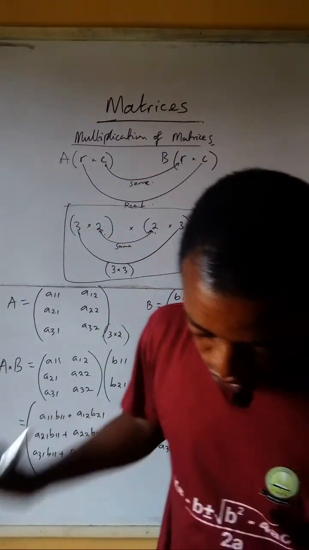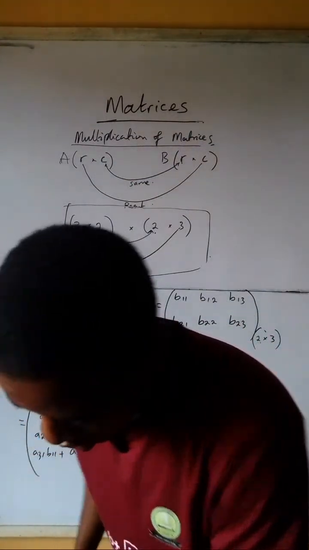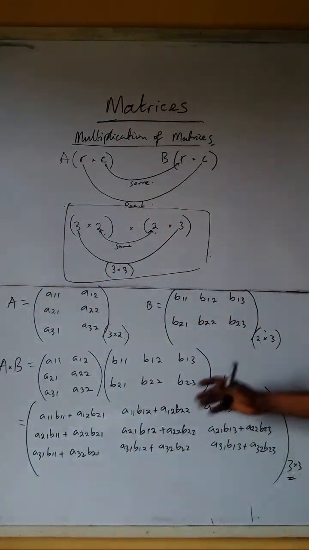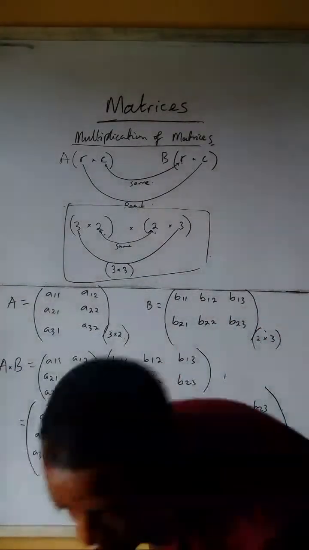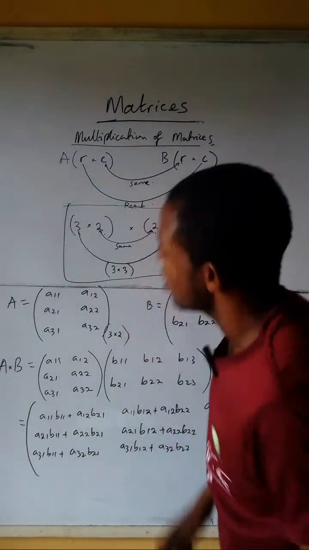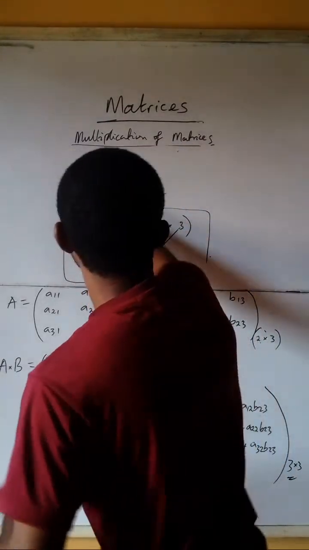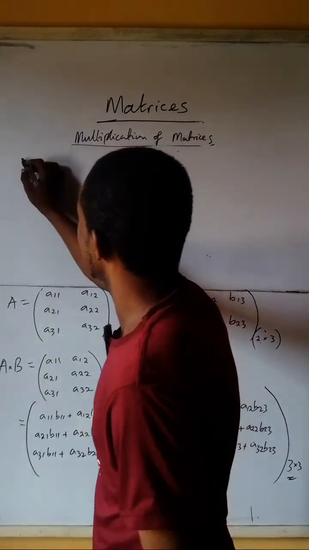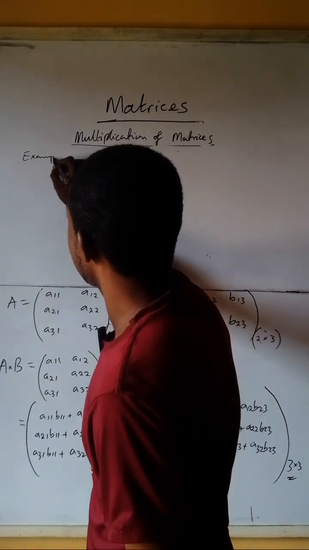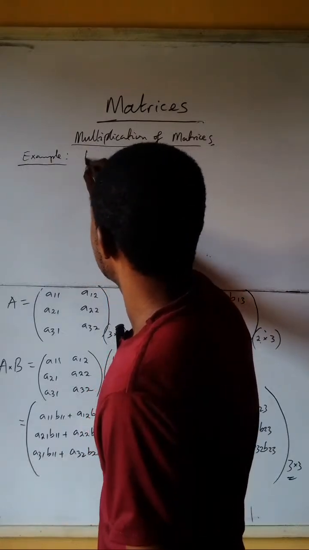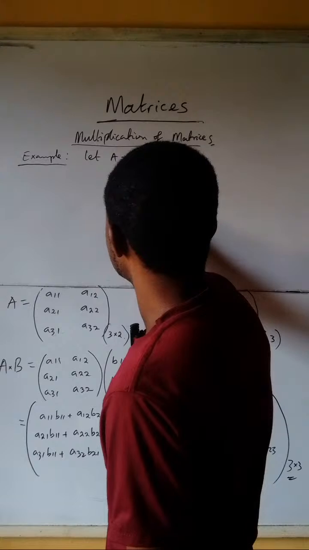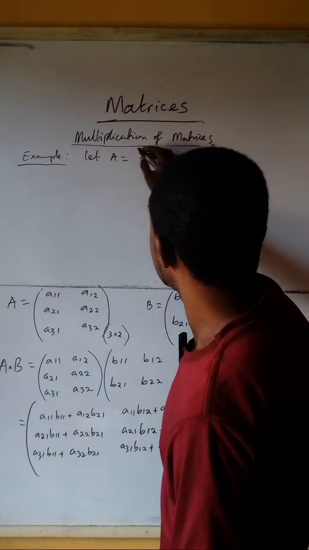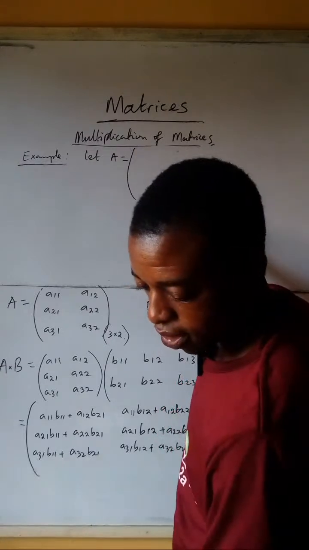Now let's look at just one question here to illustrate from what we have here. Let's use a question to demonstrate this. So let A be equal to, here we have a 3 by 2 matrix.